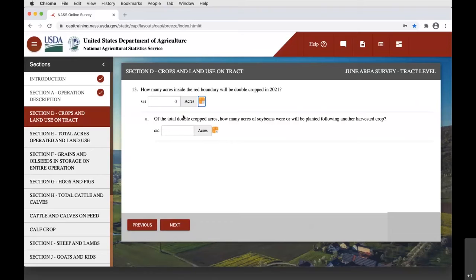Consequently, none of the soybeans were planted following another harvested crop, so I'll enter a 0 into that box as well. However, had the 50 acres of wheat been harvested for grain before the soybeans were planted, then we would want to enter a 50 in both of these boxes.